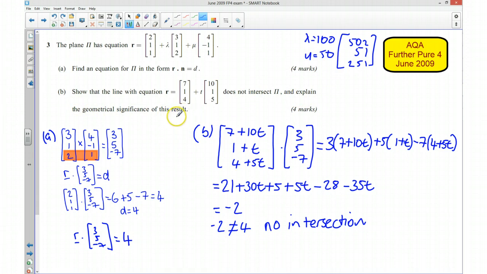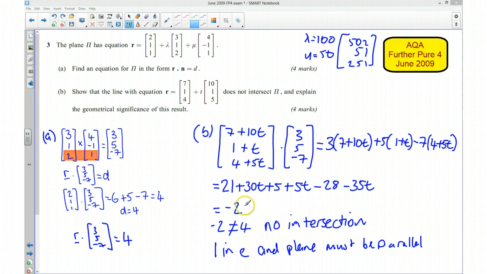So if I've got a plane and a line and there is no intersection between the two of them, then that tells me that the line and the plane must be parallel to each other.